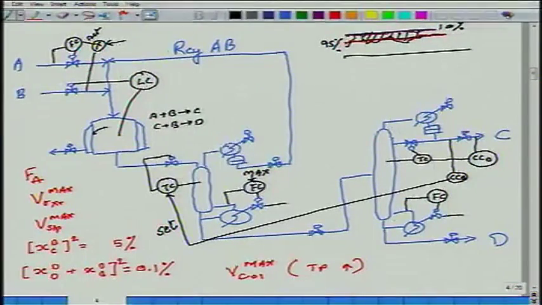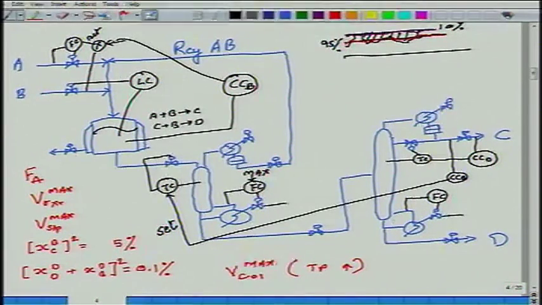Exactly. So what we are doing is reactor composition of B. Why B? Because B is supposed to be the limiting reactant. Okay, you have too much A, so you want to detect what is the limiting reactant. That is always usually the case. This is setting the ratio set point.